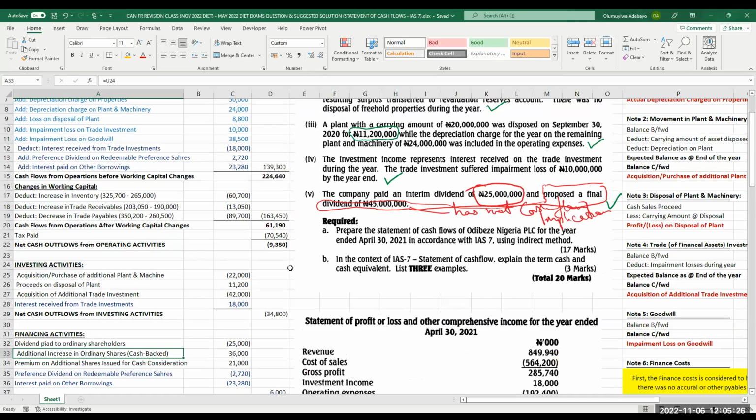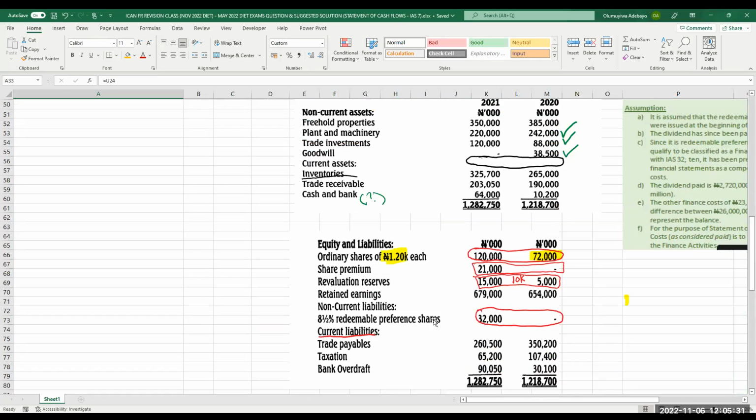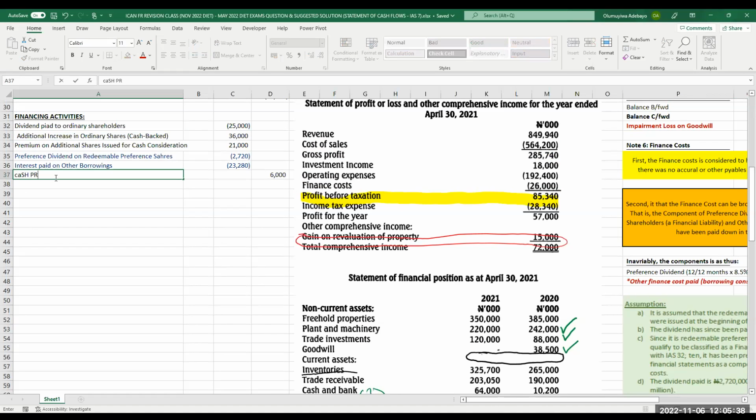There's something also I've not dealt with. The redeemable preference shares have also received cash when we borrowed. Remember, cash proceeds from issue of preference shares. Remember, we received 32 million. Coming from 0 to 32.